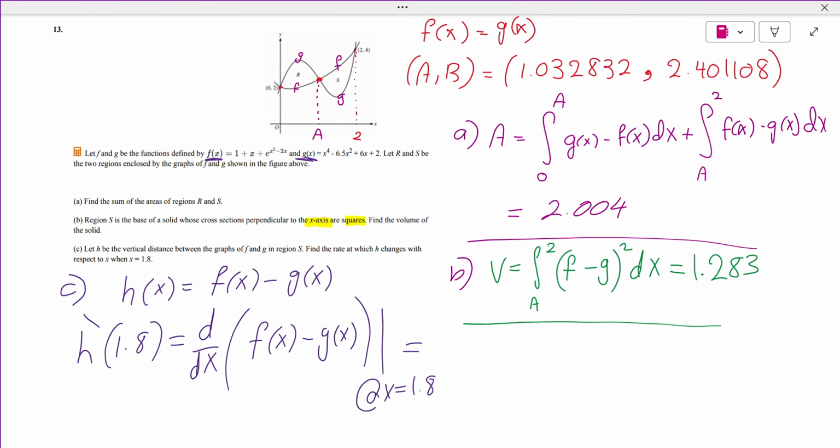You are getting, this is question 13, minus 3.8117. That is question 13. Well, let's move to question 14.